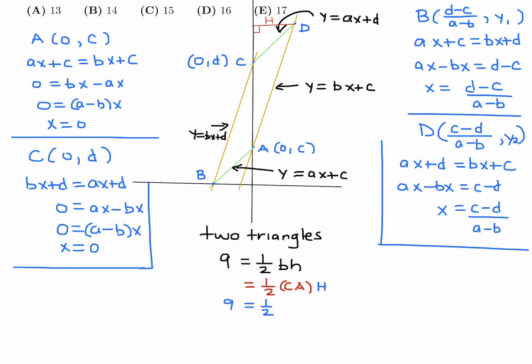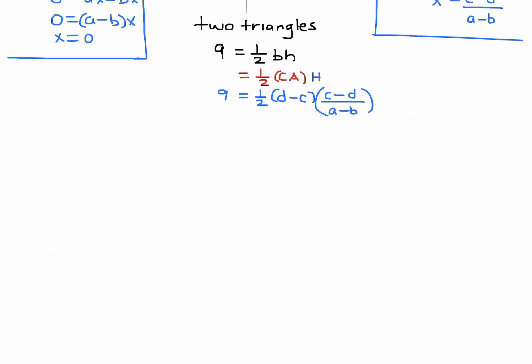So the y coordinates are D and C, so the distance is just D minus C. H is the distance from here to here, which is essentially just the x-coordinate of D. And the x-coordinate of D is C minus D over A minus B. Correct? From here, from right there. So there we go. Put that in there. It's C minus D over A minus B. And that is going to help us with this question.